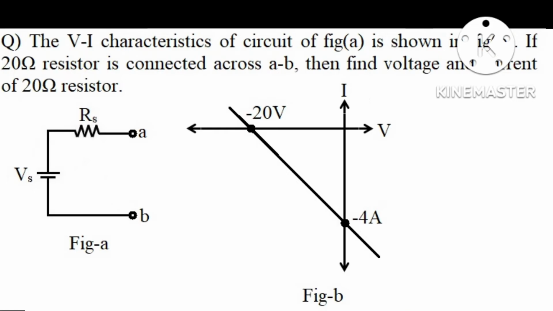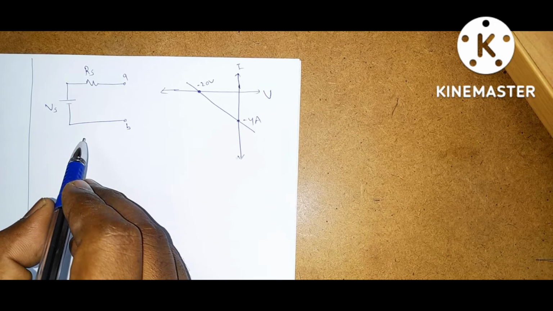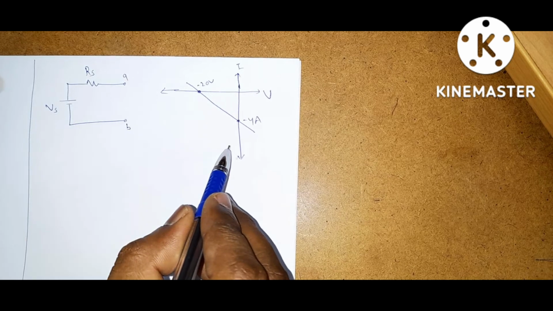Next question is: the VI characteristics of the circuit of figure A is shown in figure B. If a 20 ohm resistor is connected across AB, then find the voltage and current of the 20 ohm resistor. The characteristics of this figure is here.